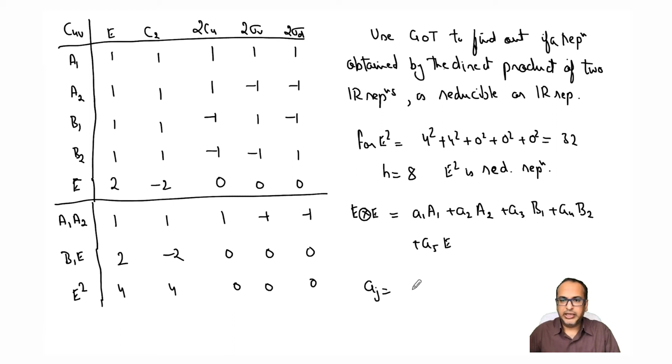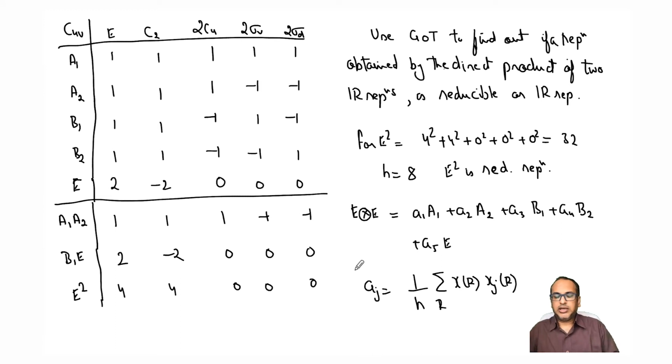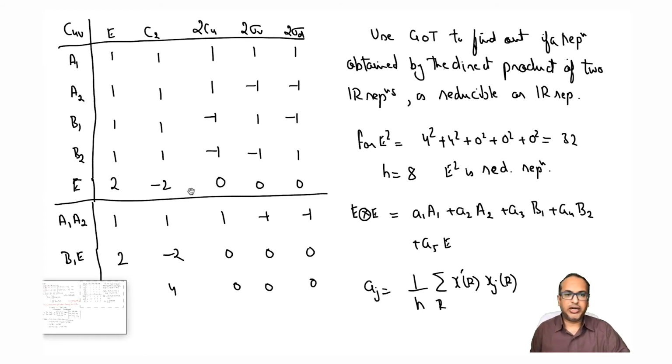So Aj is equal to 1 over h, summation over all R, chi R and chi j R. This was the reduction formula which we derived earlier, where this is the character under the reducible representation, this is the character under the irreducible representation, and we can actually find out all the A's corresponding to this. So let us work it out.